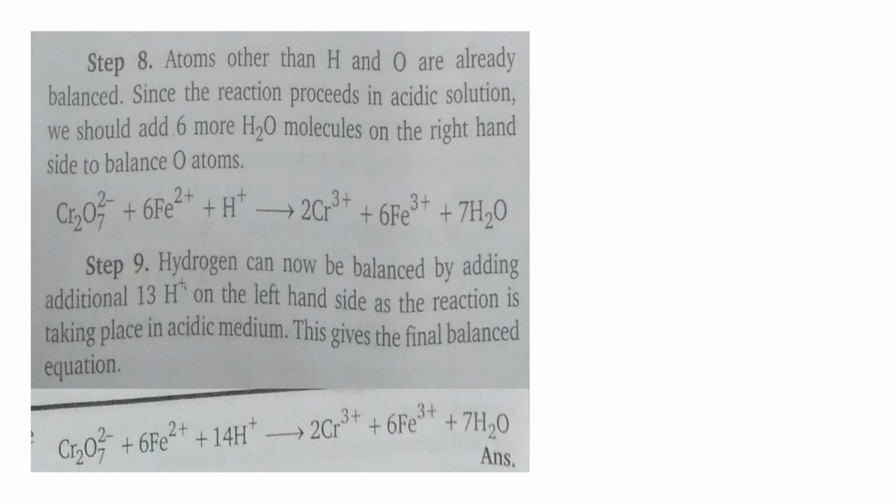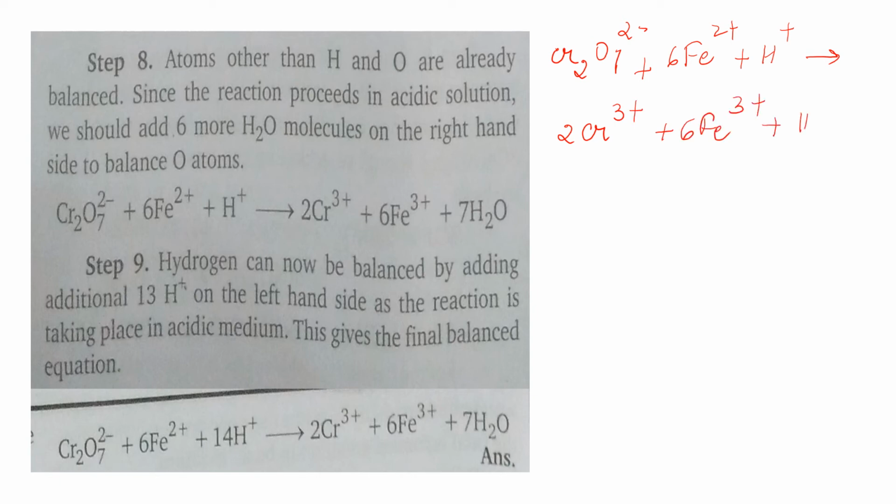So let me write here what was my equation in step number 7. That is Cr2O7 2- plus 6Fe2+ plus H+ is giving you 2Cr3+ 6Fe3+ H2O.